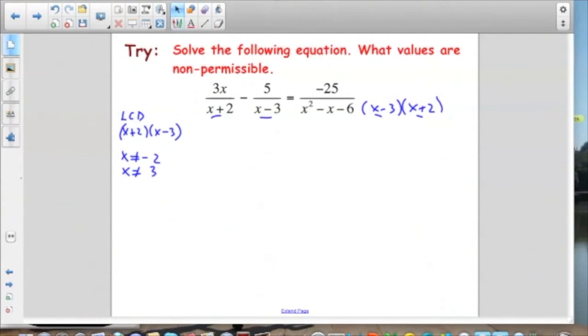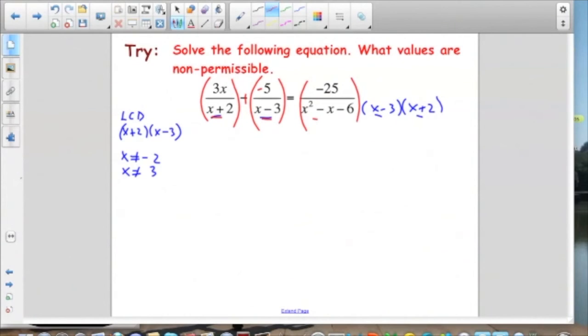Next step, get rid of these denominators by multiplying everything. So let's make that plus minus. Everything by the common denominator. And the common denominator is x plus 2, x minus 3, x plus 2, x minus 3, x plus 2, x minus 3.